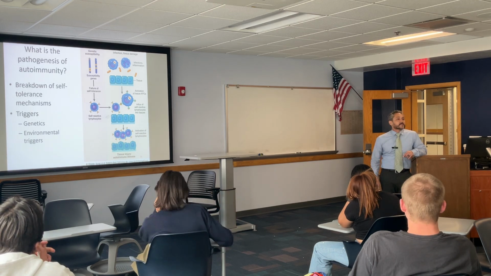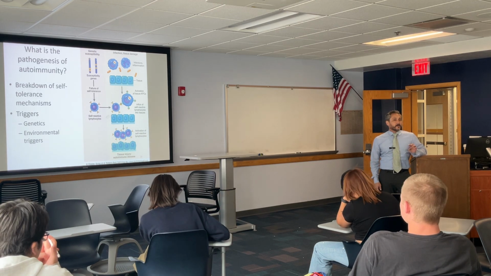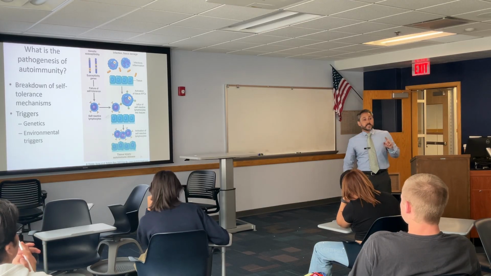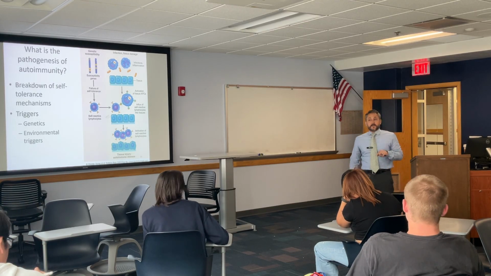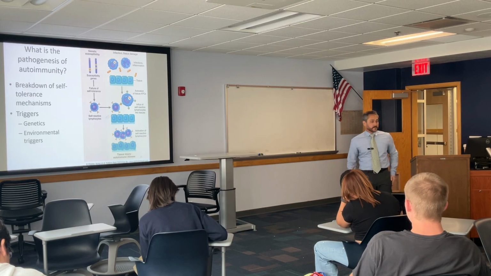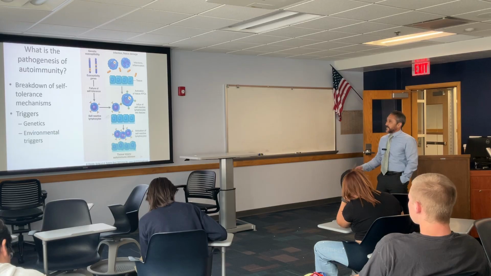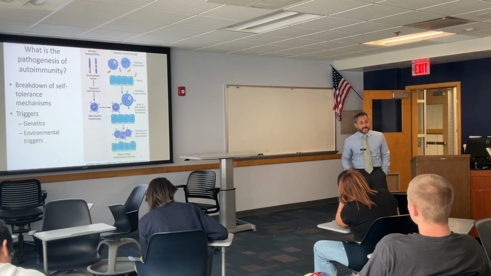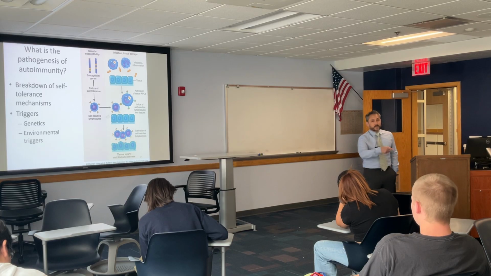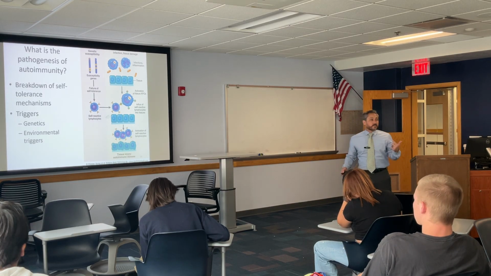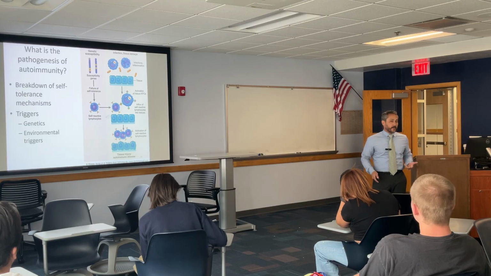Central tolerance. If we're talking about B cells, it's just central tolerance. If we're talking about T cells, then it could be either central or peripheral tolerance mechanisms. So if we have a breakdown of self-tolerance mechanisms, like central and peripheral, then we're going to develop autoreactive clones that are out in the periphery.